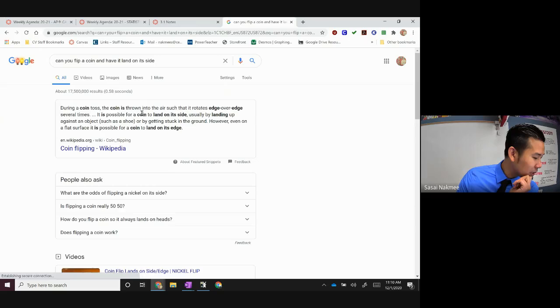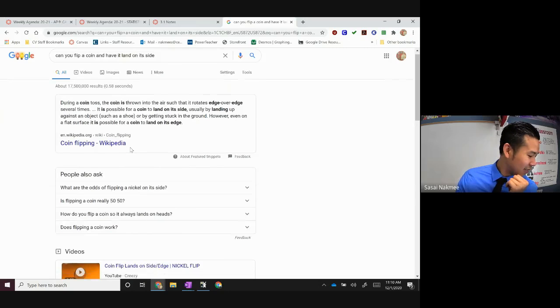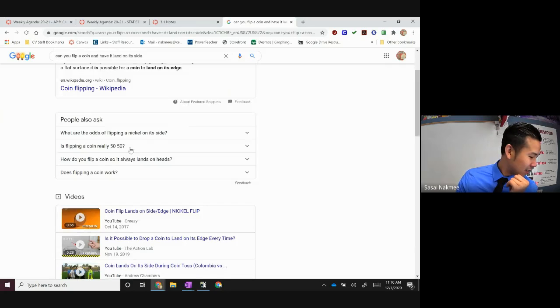It is possible for a coin to land on its edge, even on a flat surface. That's the one I was asking. I don't know why I said side. Coin flip lands on edge. Nickel flip.